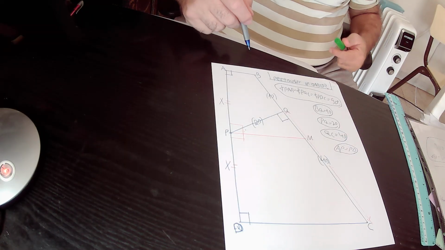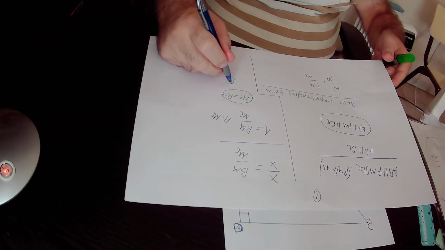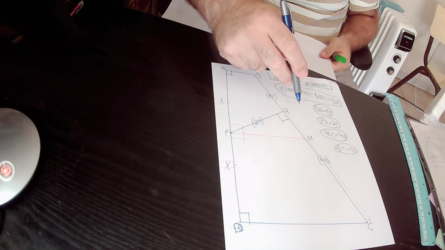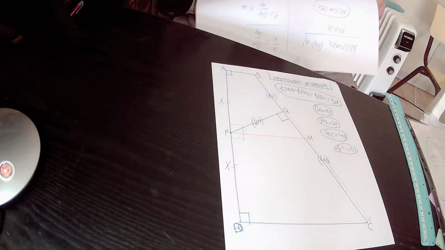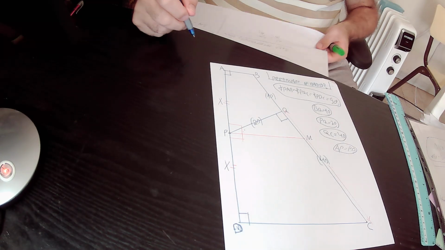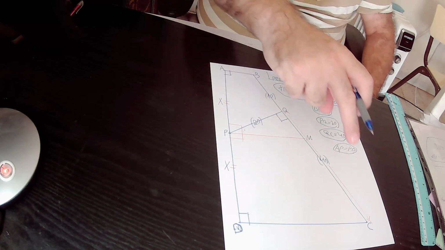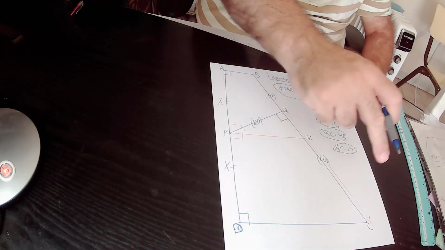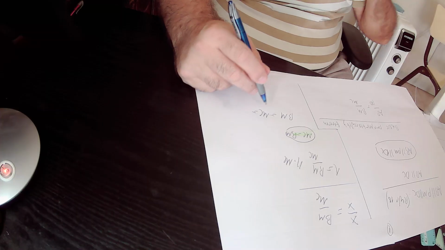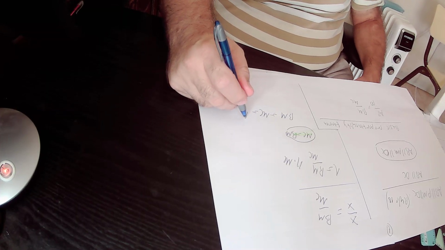The first half of BC is BM, and the first half of BC, of course, equals the second half of BC, that is MC. And each half must be equal to BC over 2.